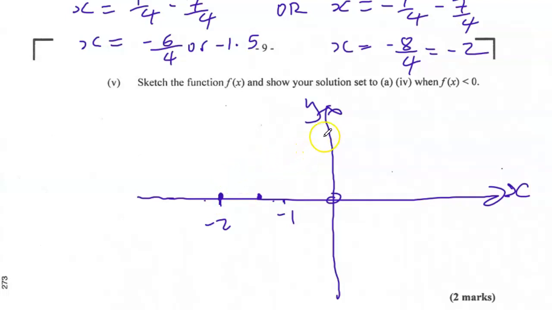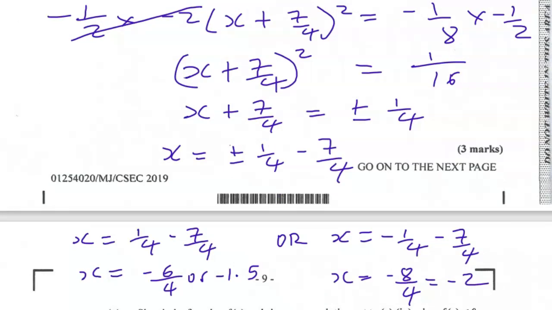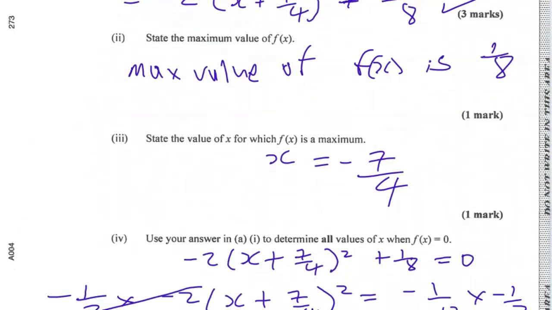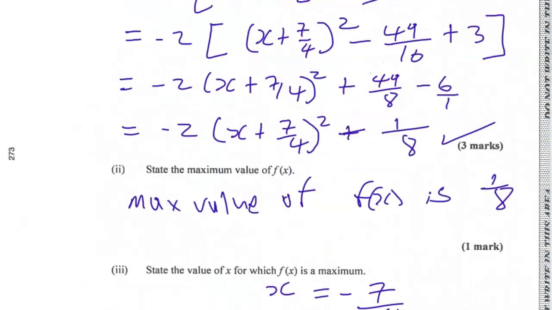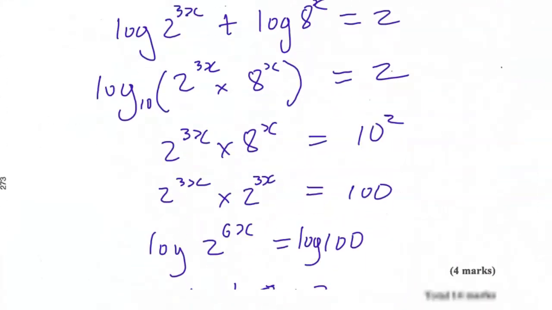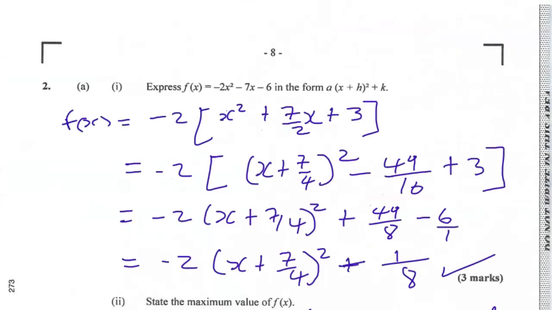The turning point, let's look at the function again. The turning point, we found it, was the maximum value: negative 7 over 4 for the x, and 1/8 for the y. And it will cut the y-axis. What was the c value? Let's look at the original function. The c value was minus 6.